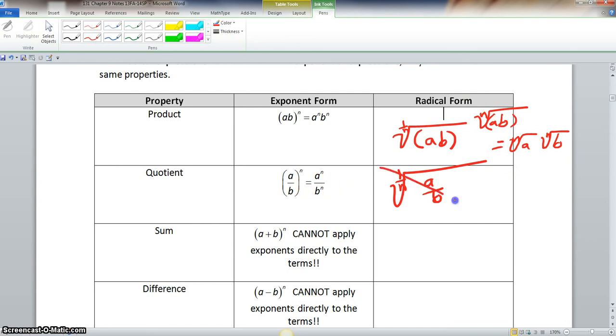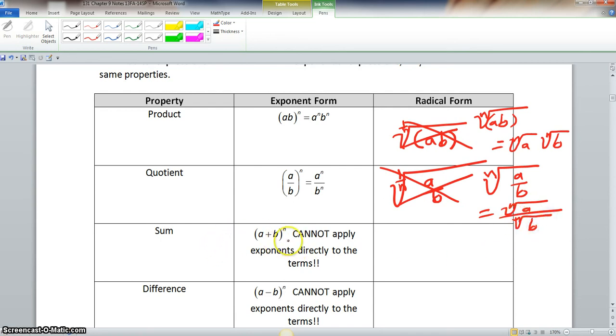Now over here as well, I can cross that out. Okay, we have A divided by B, both taken to the n power. Now if we took the nth root of A over B, that's the same thing as the nth root of A all over the nth root of B.